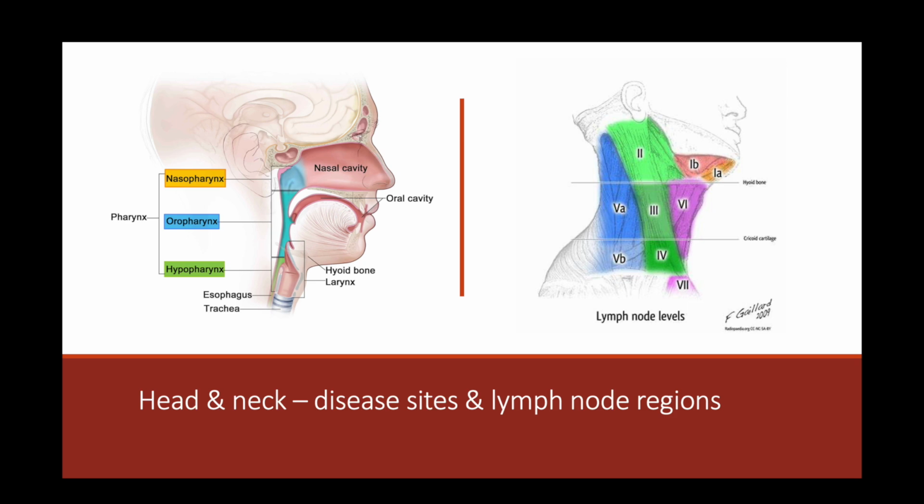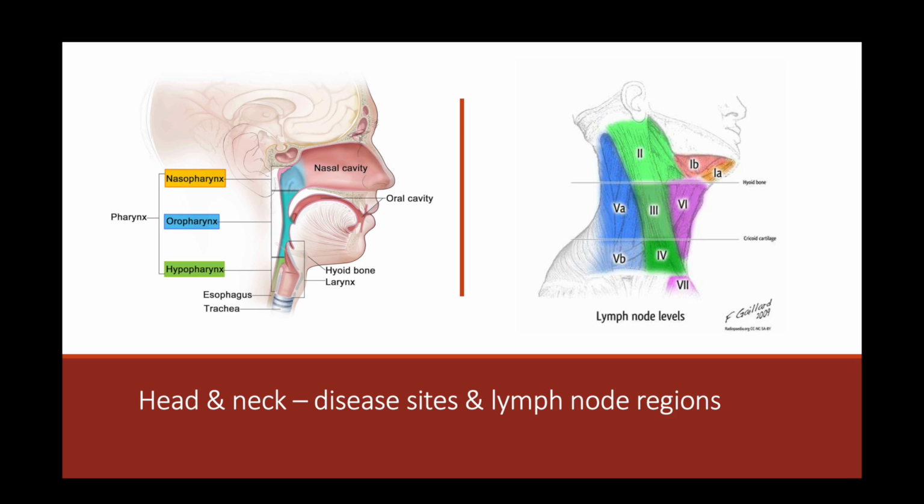I think before you learn the details of how we manage head and neck cancers, the most important things to understand is how we divide the head and neck into different anatomical subsites, and also understanding how we divide the head and neck into different lymph node levels and when those lymph node levels in particular are at risk of being involved.